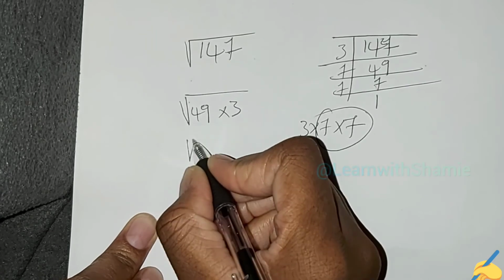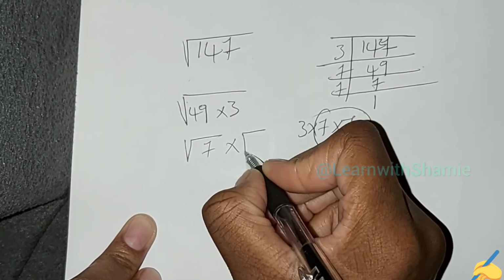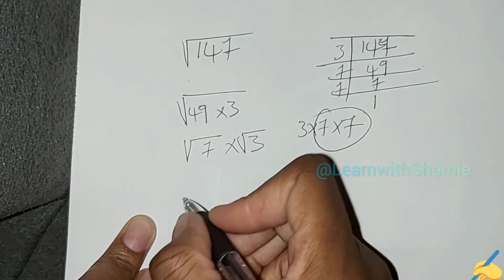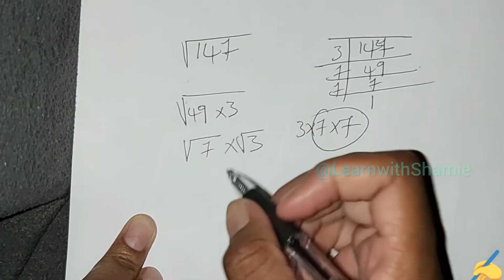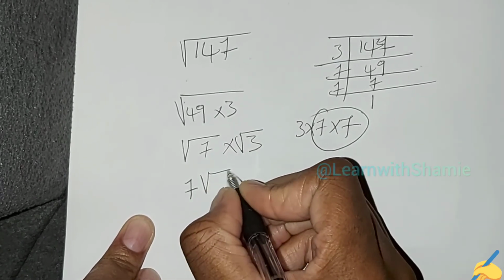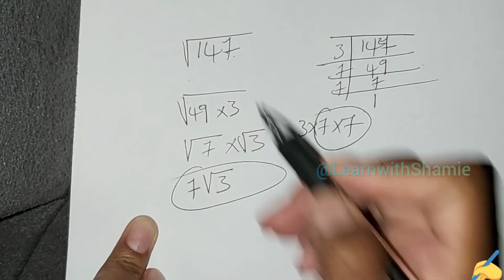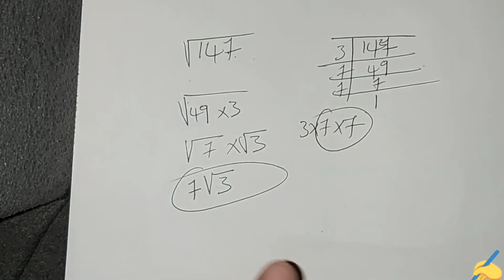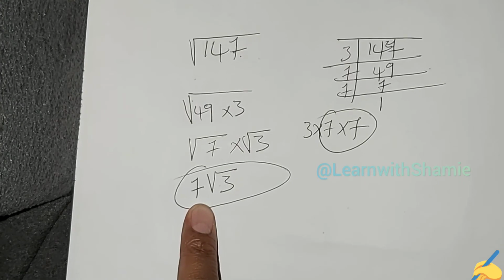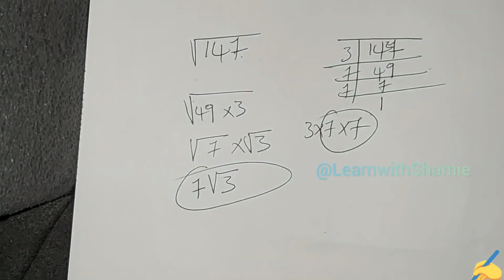The square root of 49 is 7, times the square root of 3. So the square root of 147 would be 7 times the square root of 3. This is how your answer would look when finding the square root of a number that is not a perfect square.